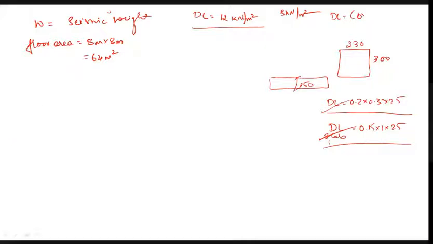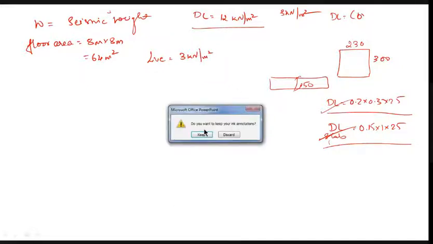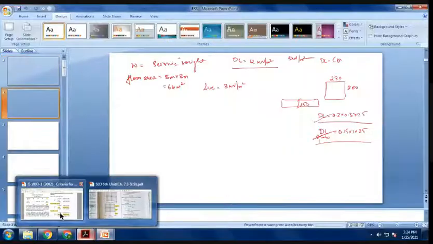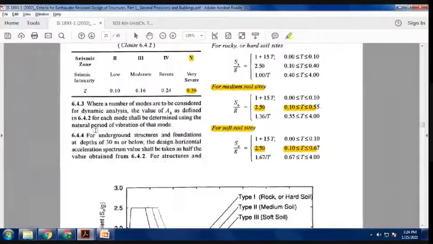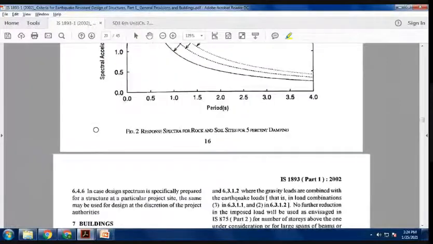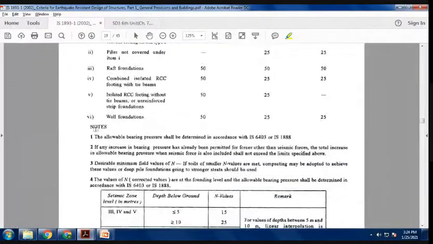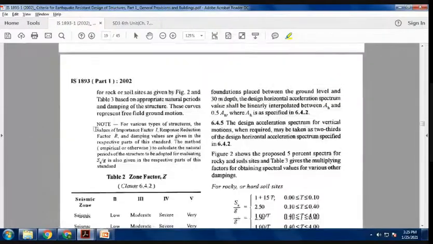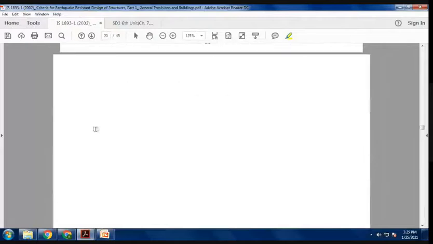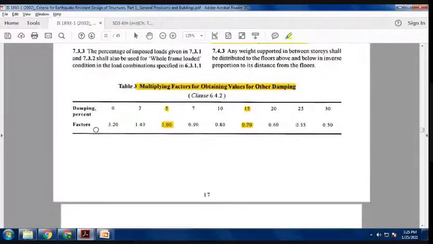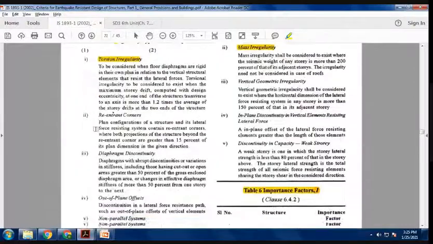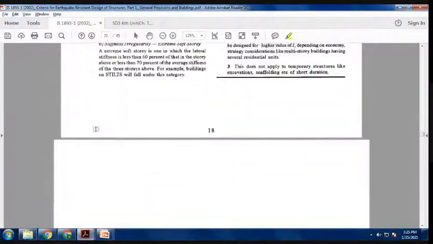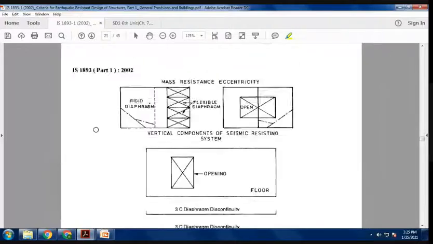And for live loads, once again, live load of 3 kilonewton per meter square, we have conditions in the code book. I will show you. Table number 8. And he has not given any damping factors. I will tell you what we should do when he gives the damping factors also.